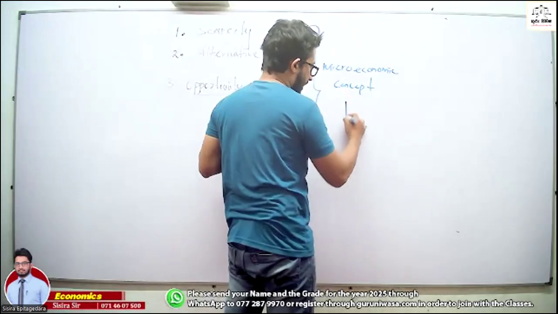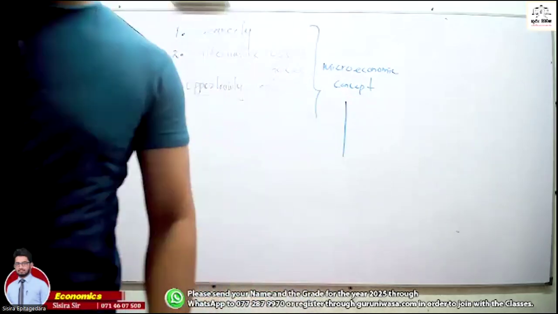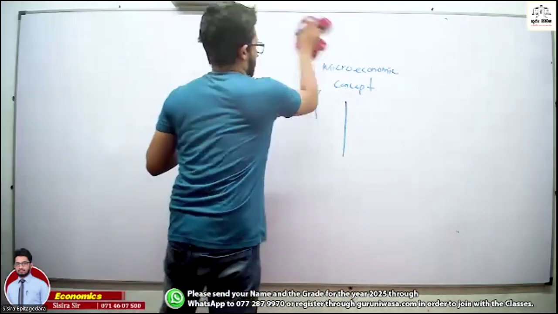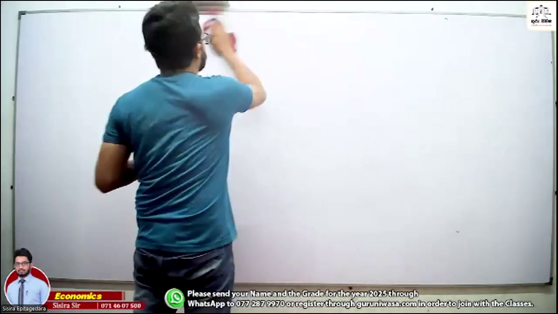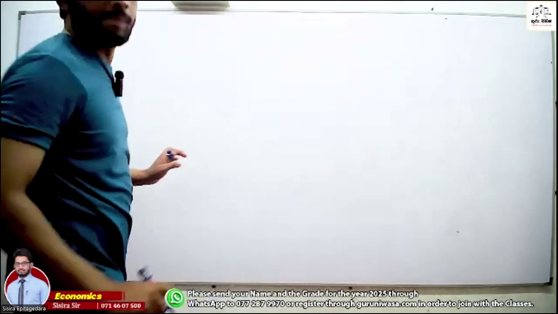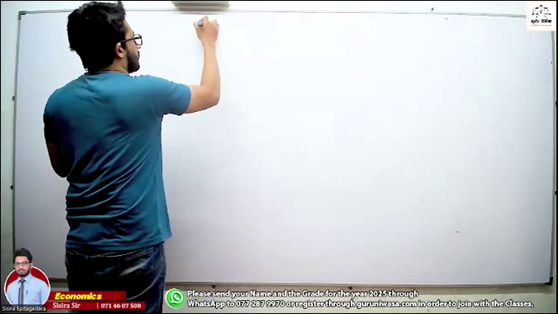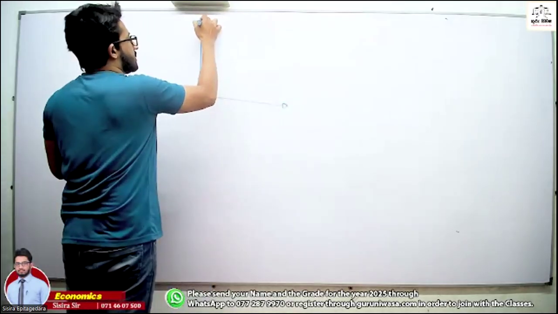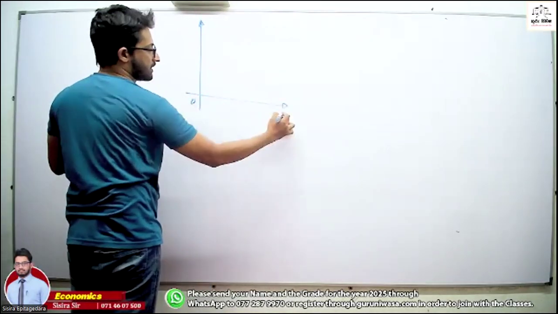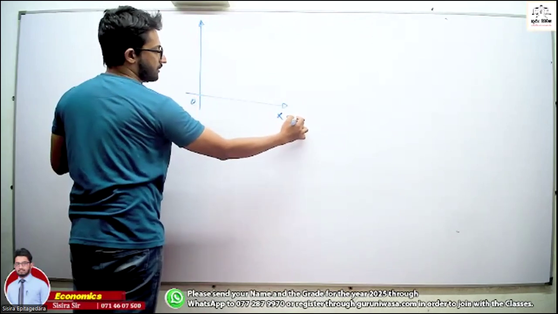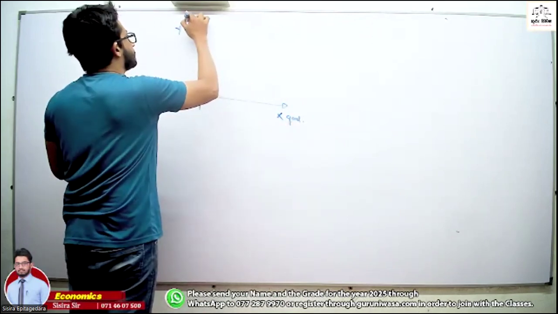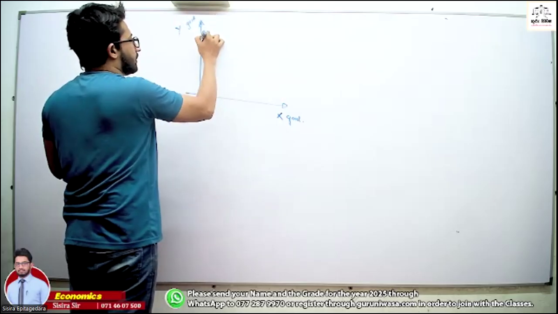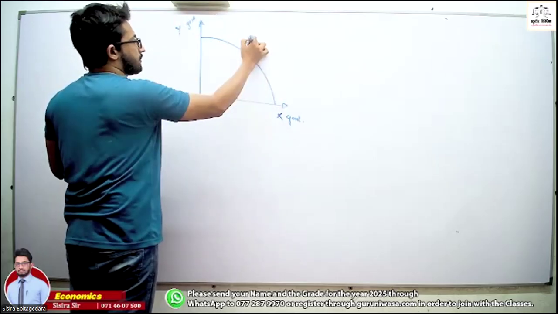The logic is, Lamai, an economy can achieve, I'll erase this now. These two goods are, assume, X good and Y good. Remember, Lamai, this is the production possibility curve.